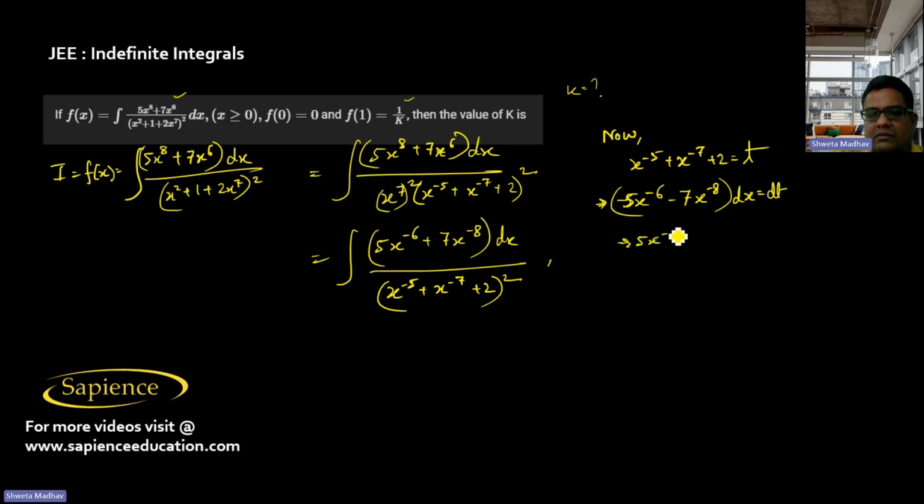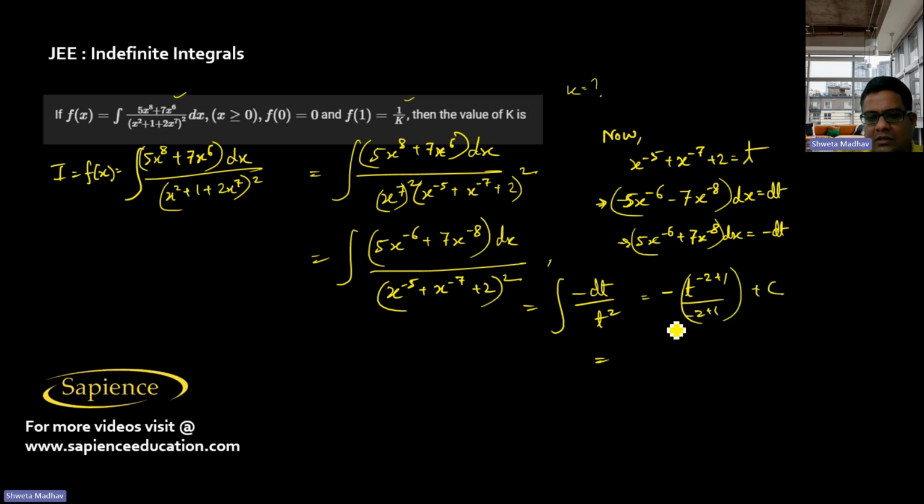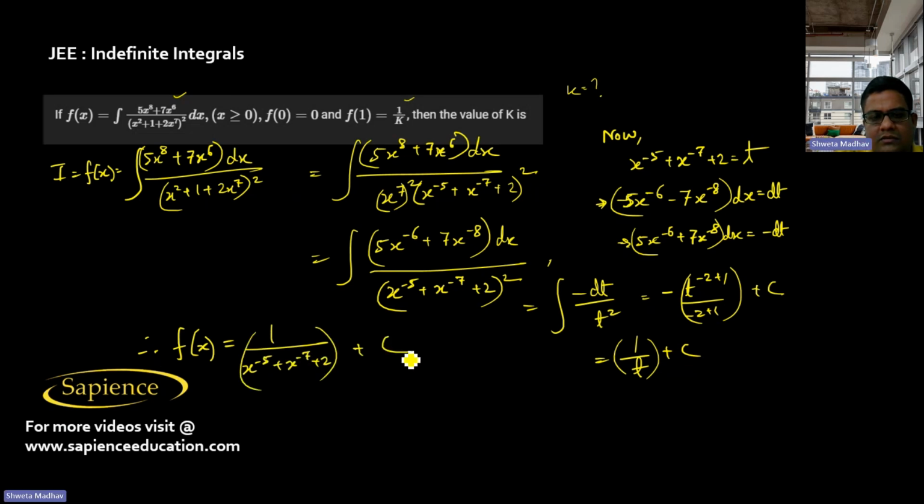Therefore (5x power minus 6 plus 7x power minus 8) dx will be equal to minus dt. So this is equal to integral minus dt by t square, which is minus of t power (minus 2 plus 1) by (minus 2 plus 1) plus c. So this will be 1 by t plus c. Therefore the integral f of x is nothing but 1 by (x power minus 5 plus x power minus 7 plus 2) plus c.